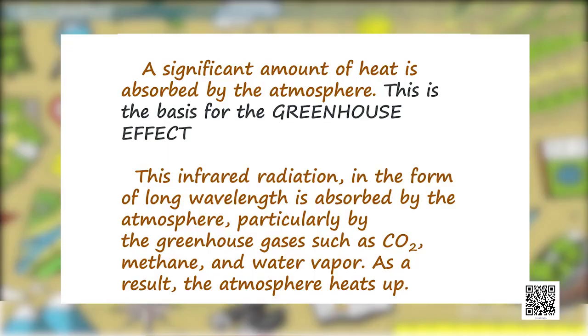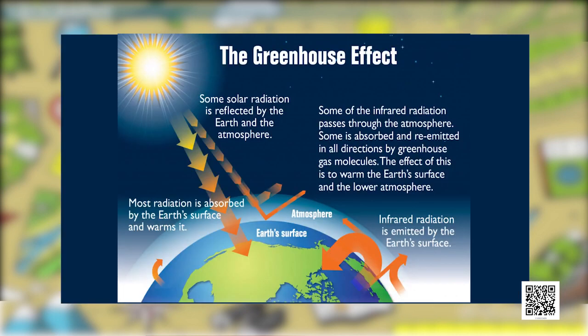This explains why the Earth neither warms up nor cools down despite the huge transfer of heat that takes place. A significant amount of heat is absorbed by the atmosphere. This is the basis for the greenhouse effect. This word is in vogue nowadays. In the greenhouse effect, shortwave solar radiation passes through the atmosphere and reaches the Earth's surface where it gets absorbed.